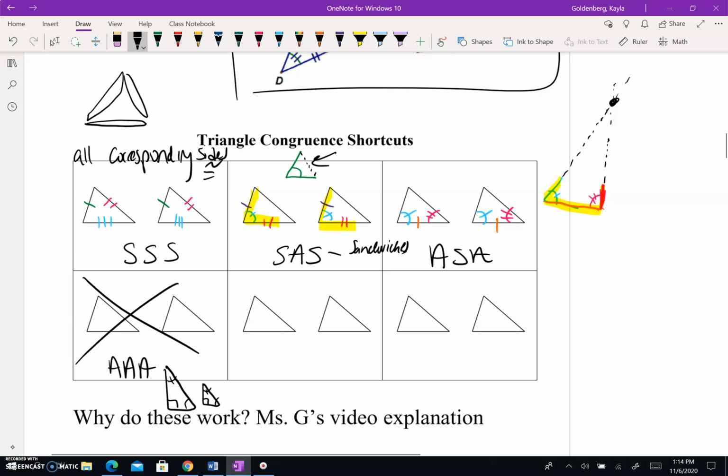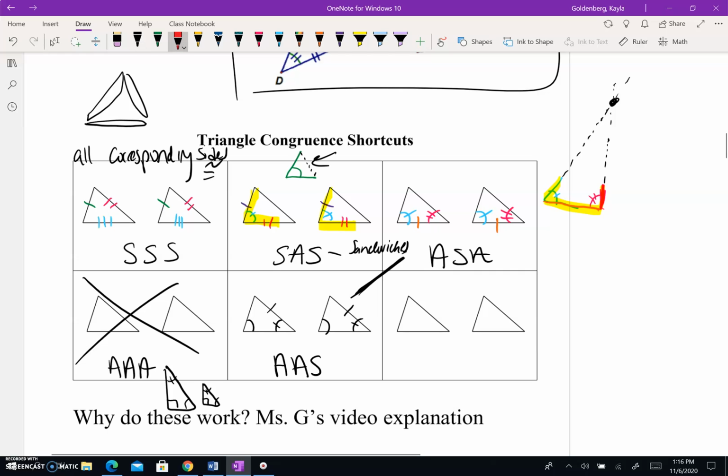There's also one that I think is really connected to angle, side, angle. Some textbooks use this one and call it angle, angle, angle, side. I don't really like teaching this one as a separate one, and here's why.